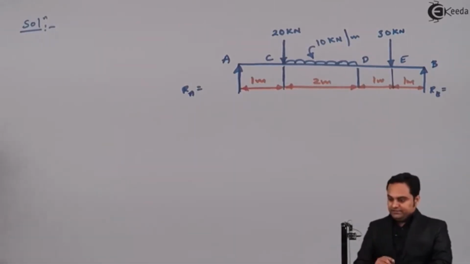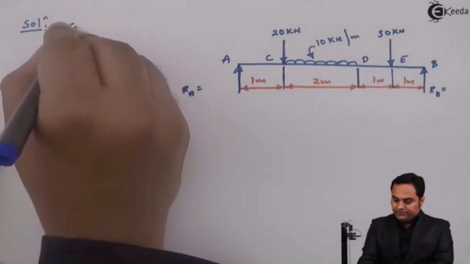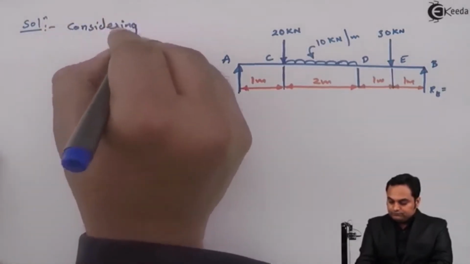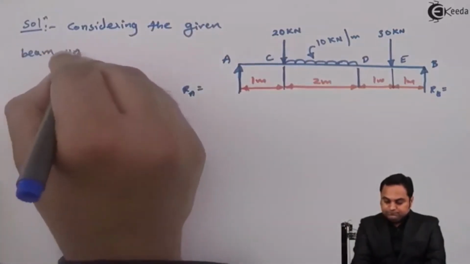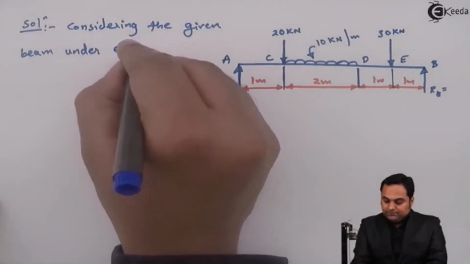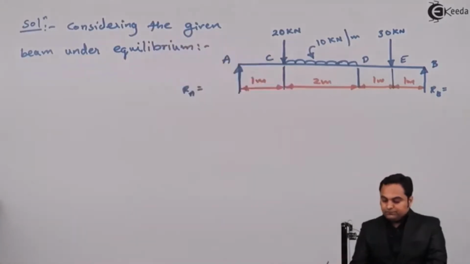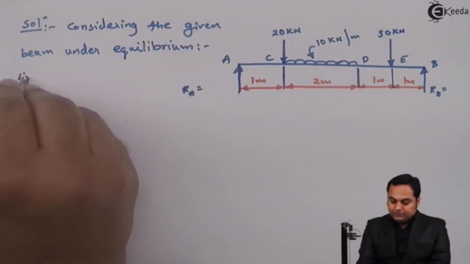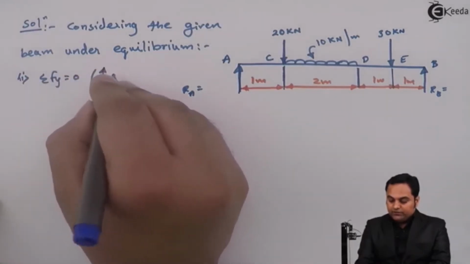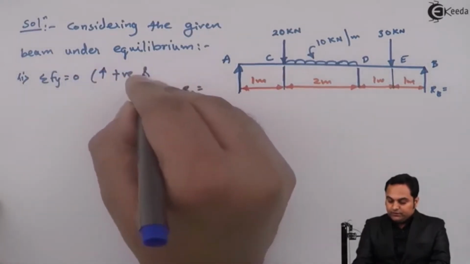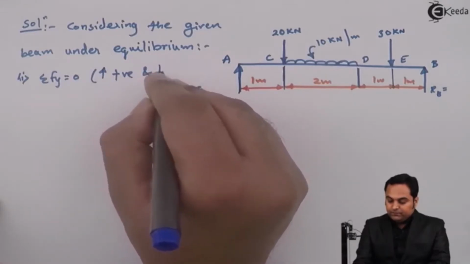So here I'll say that considering the given beam under equilibrium, first I'll write summation of Fy is equal to 0, where upward forces are positive and downward forces negative.